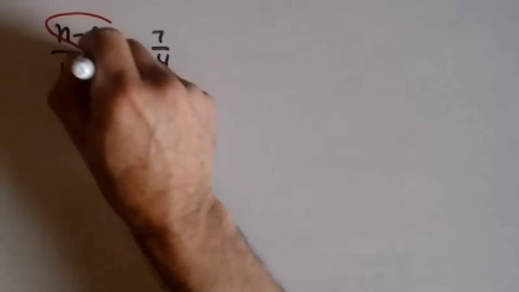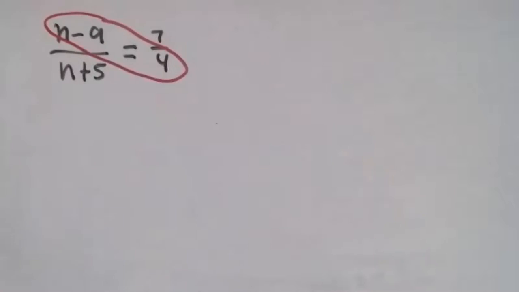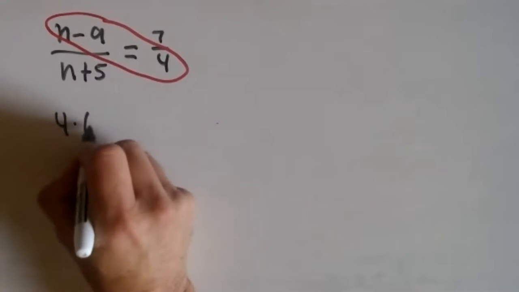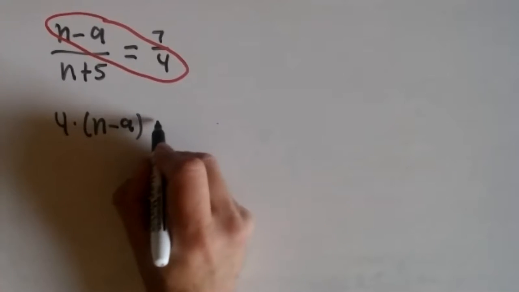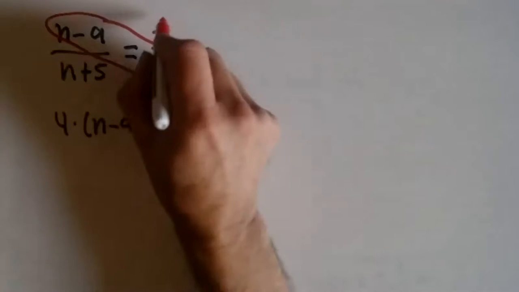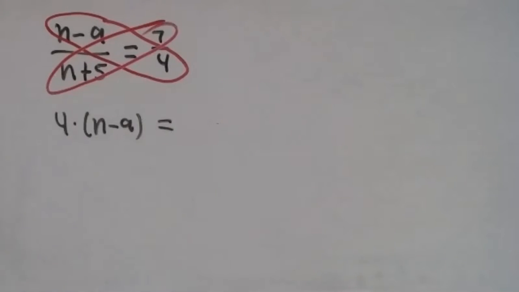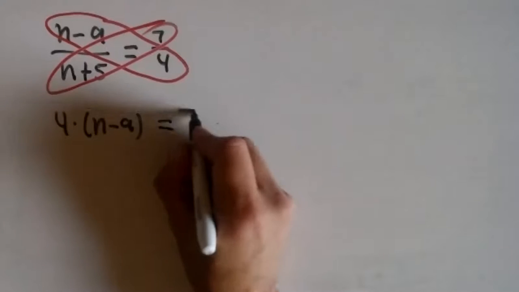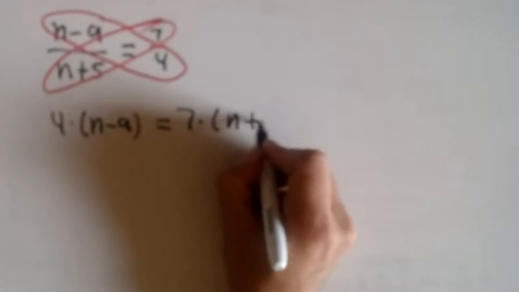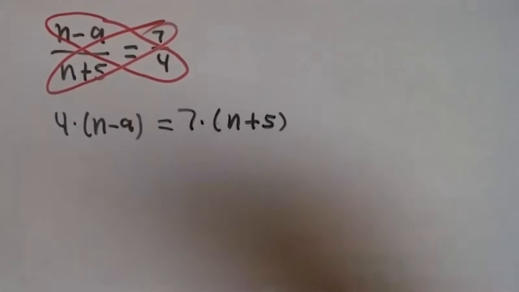Another proportion, same procedure. I identify one diagonal and I multiply those numbers. 4 times n minus 9. I put an equal, and then I identify the second diagonal. So 7 times n plus 5, correct?